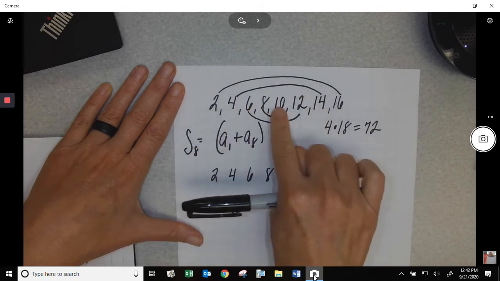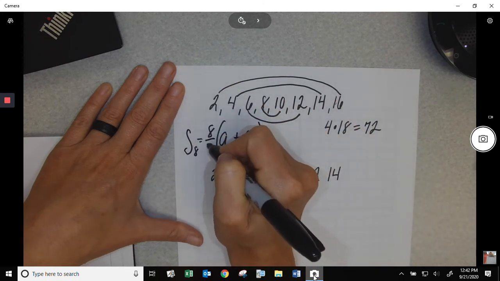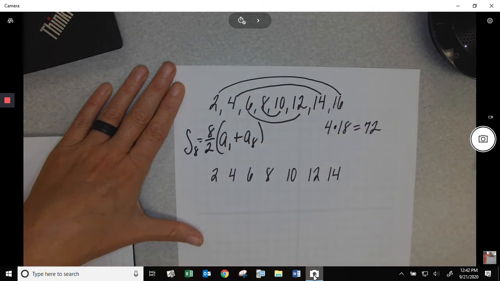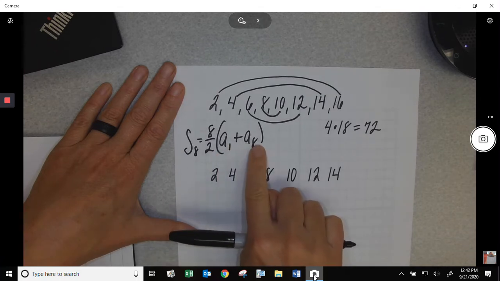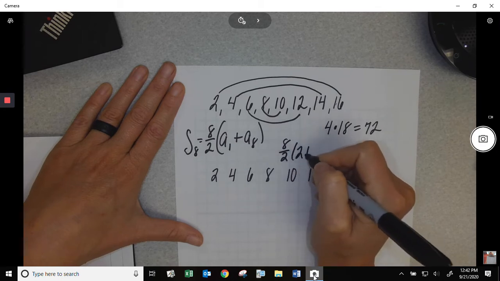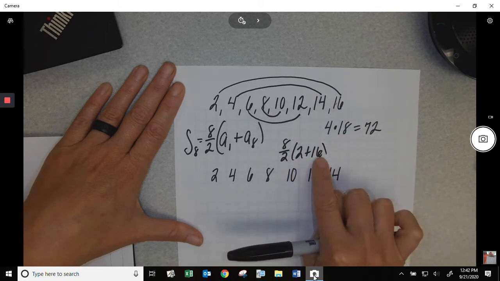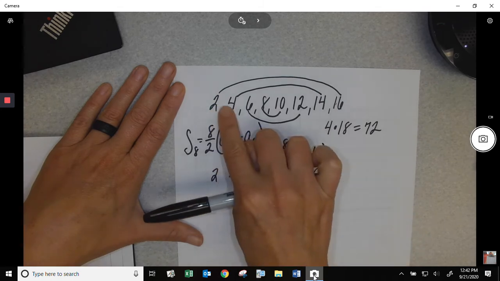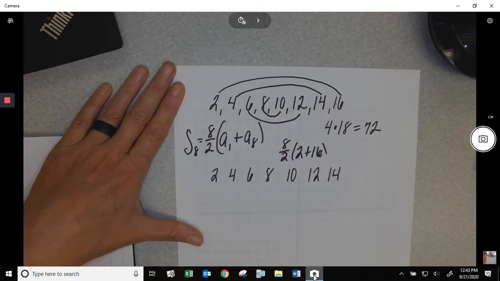And if I'm adding 8 numbers here, then there are half as many groups of that total. So my first term was a 2. My last term was a 16. So I have 8 over 2, 2 plus 16. So first term plus last term, you get that 18. How many groups are there? If there's 8 terms, there's half as many. That's why it is times 4.